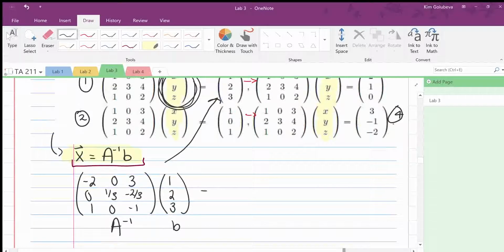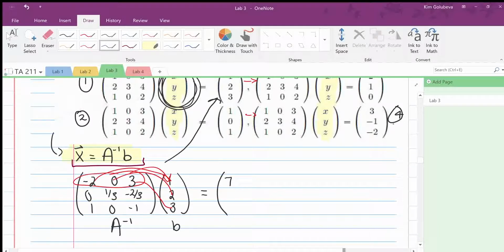Okay, so we're just doing matrix multiplication here. We're just multiplying this by this. If we multiply -2 times 1 plus 0 times 2 plus 3 times 3, that gives us 7. Same sort of thing here.